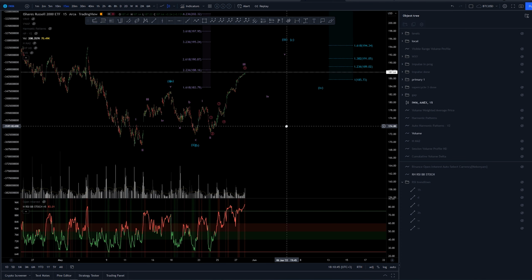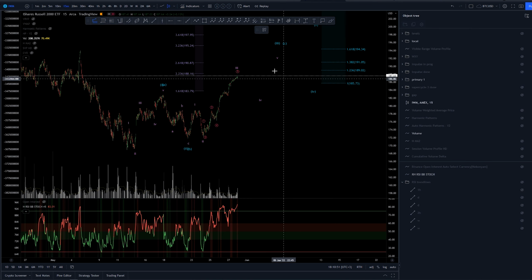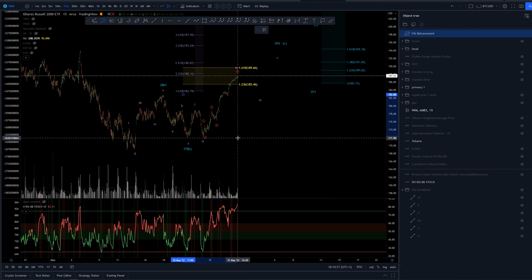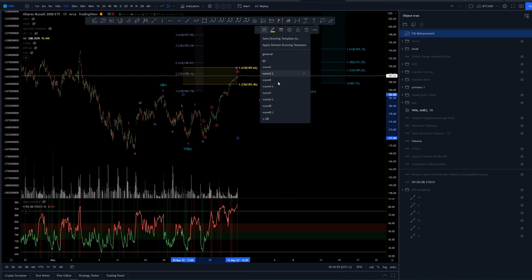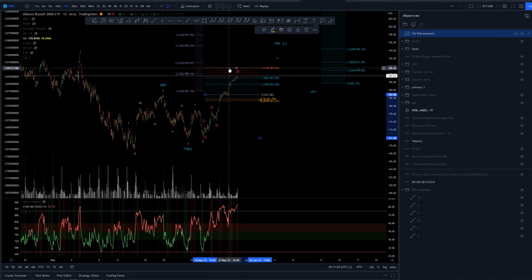Now, it is not even certain that this whole structure is an impulse wave structure, meaning this leg here. Let's take a look at the... there we go, and saying that this would be a possible B wave. We have not reached the 1.618 here for the possible B wave.